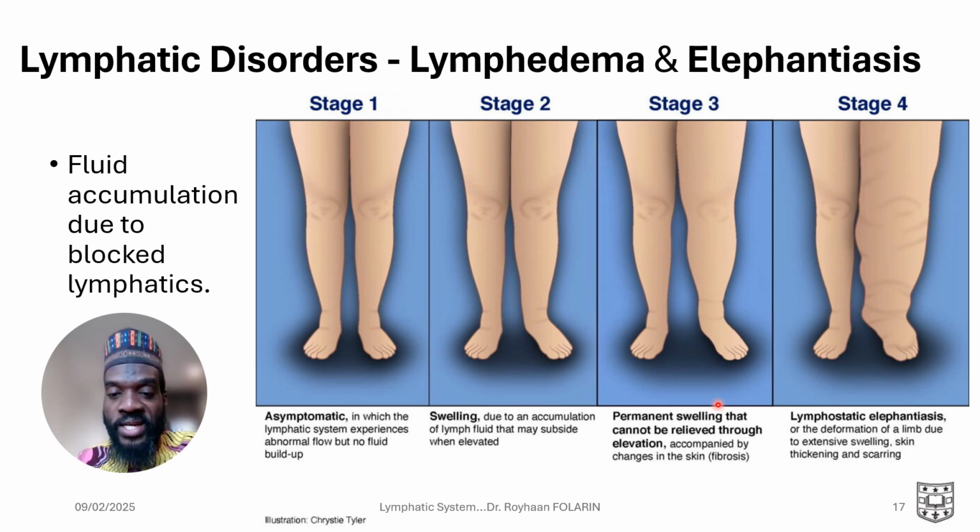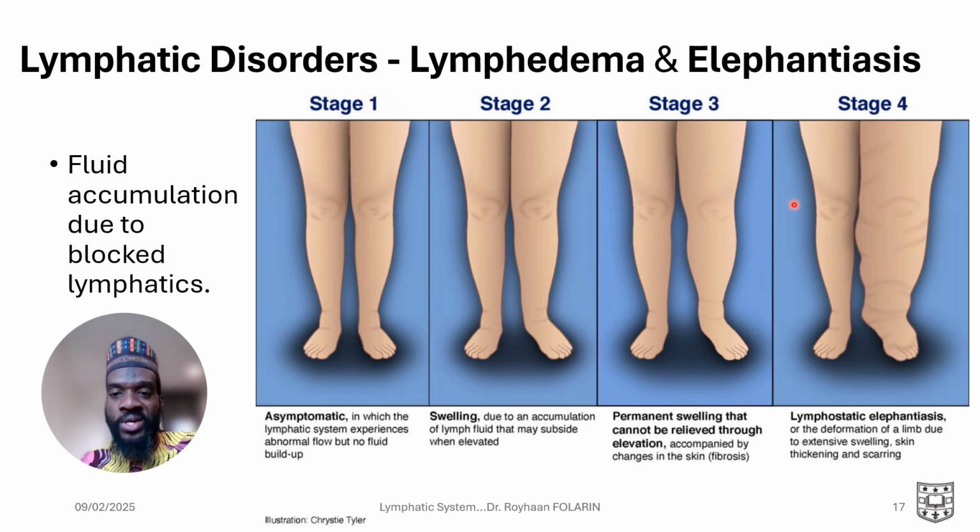This is usually accompanied by changes in skin, known as the fibrosis of the skin. And then this could eventually lead to the 4th stage, where you have lymphostatic elephantiasis, which involves the deformation of the limb, due to extensive swelling and excessive thickening and scarring of the skin.